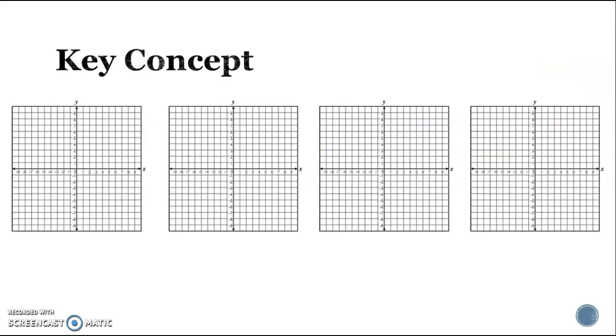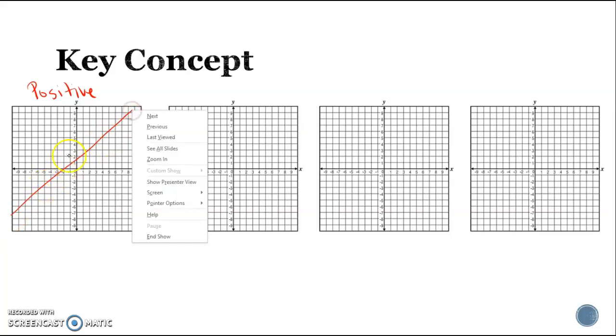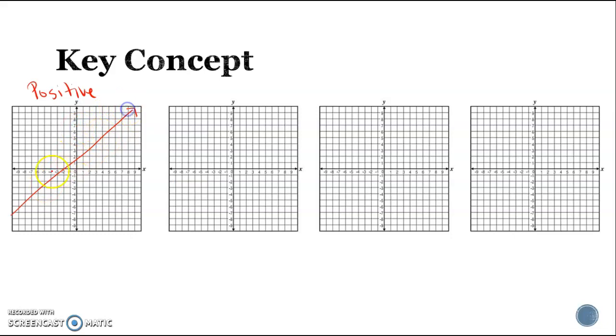So another thing, the important part, there are 4 types of slope. So you have your positive, and a positive slope starts in the bottom left and goes up. That's what makes it a positive slope.